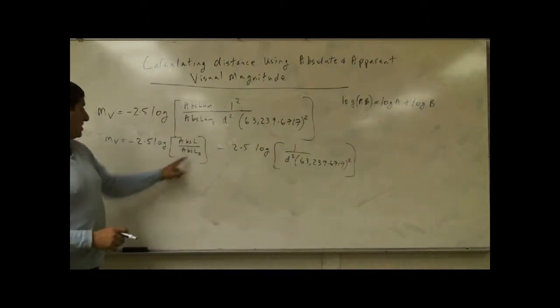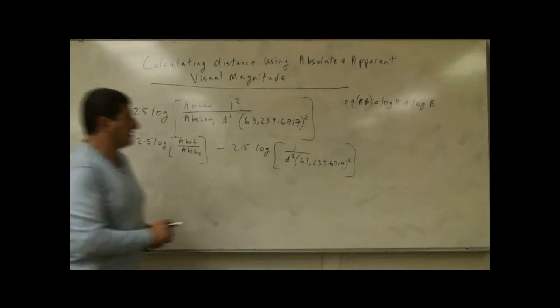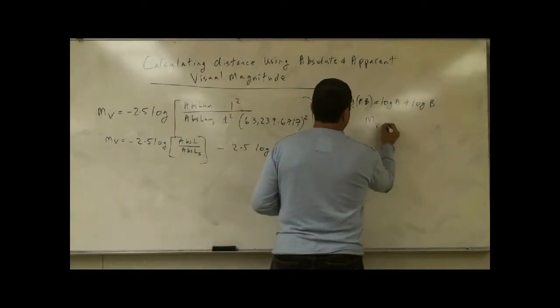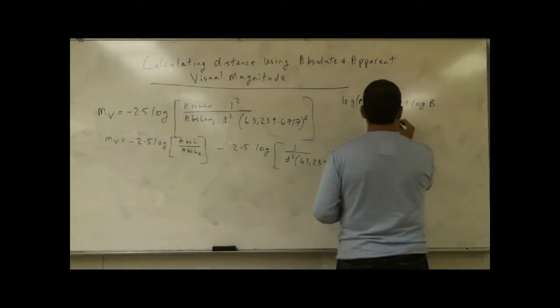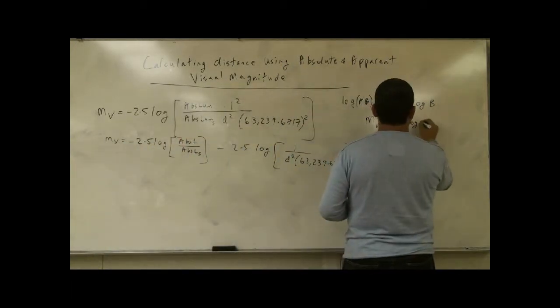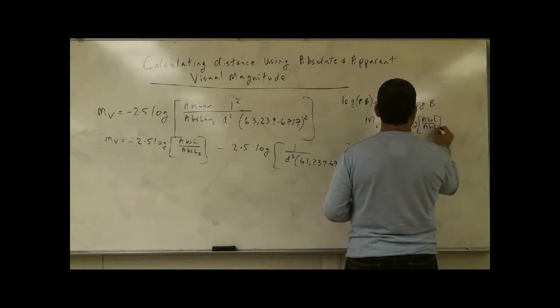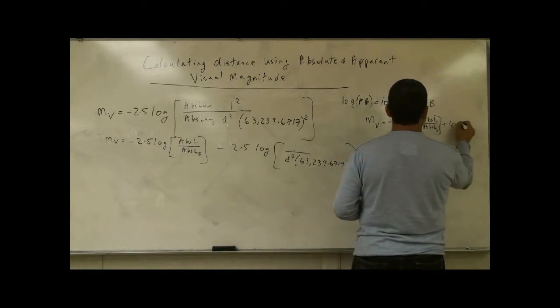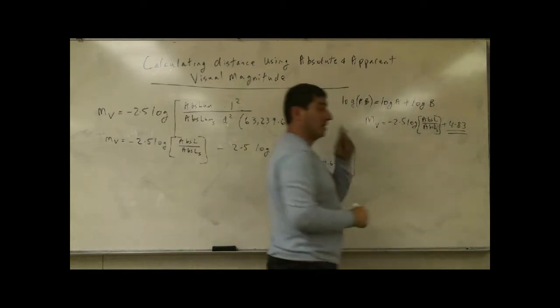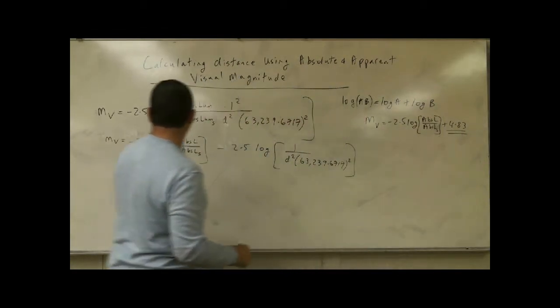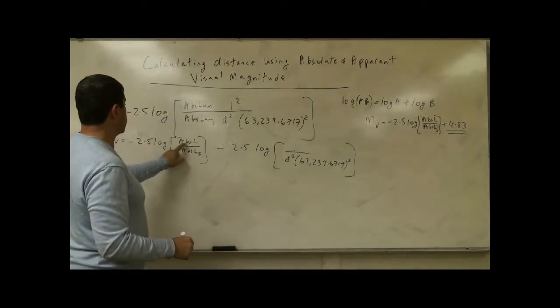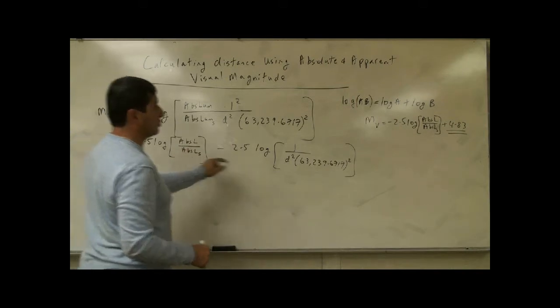Right? What is this? Well, remember, the absolute magnitude was what? Negative 2.5 log of absolute luminosity over absolute luminosity of the sun plus 4.83. Remember that one from the first video? So you have this 4.83. So this part, negative 2.5 log of absolute luminosity over this one, we can substitute.